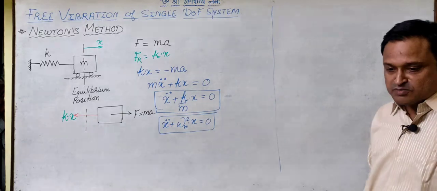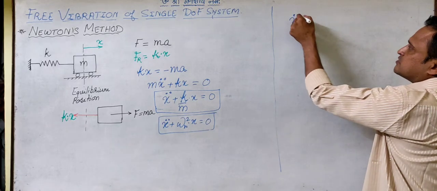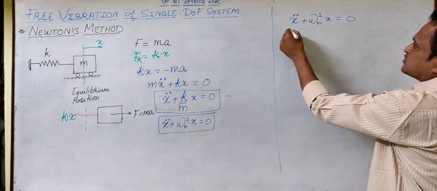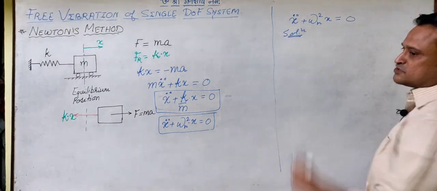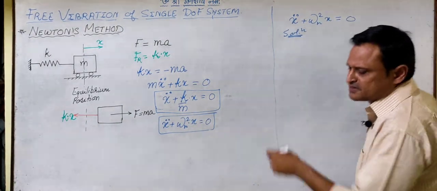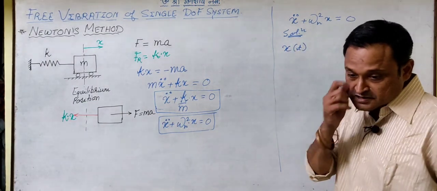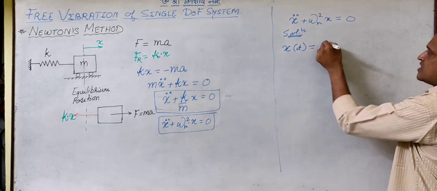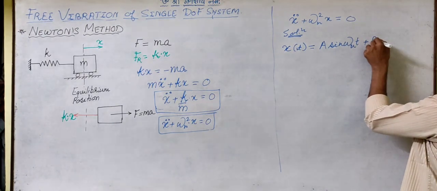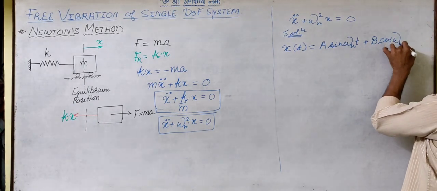If I take up this equation, x double dot plus omega n square x is equal to 0, and find the solution, you will get that the solution of this equation will come out to be x of t equal to a sine omega n t plus b cos omega n t.